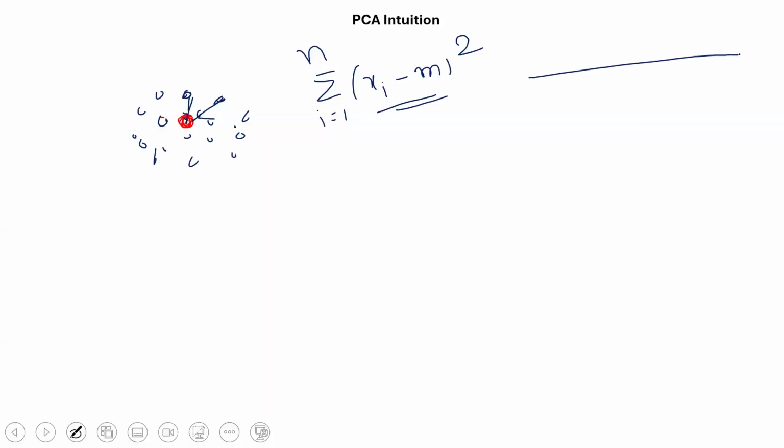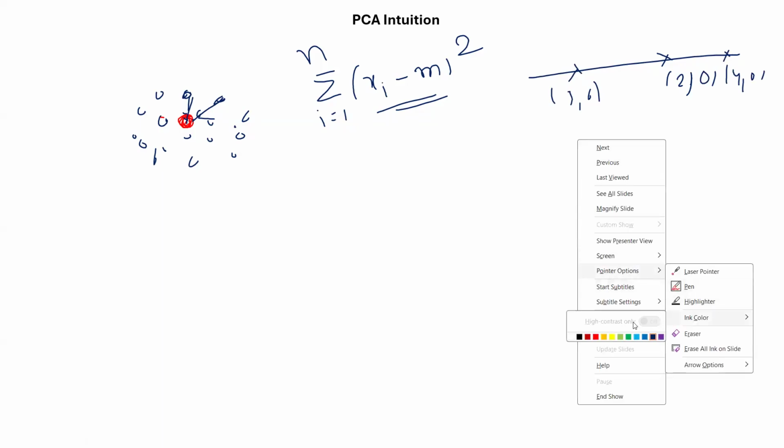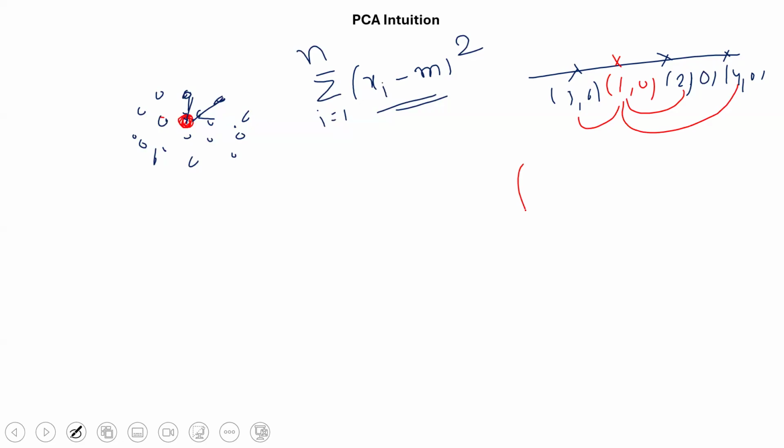So in a one-dimensional space, how do we represent a point? Like (2, 0), (3, 0), (4, 0) on the x-axis, and if I say the mean is (1, 0), how do we calculate the distance? (2 - 1)^2, (4 - 1)^2, (3 - 1)^2, right? y2 minus y1 will always be equal to 0.